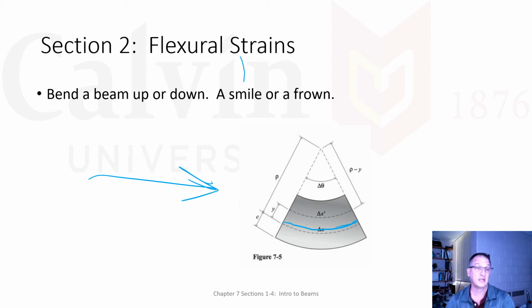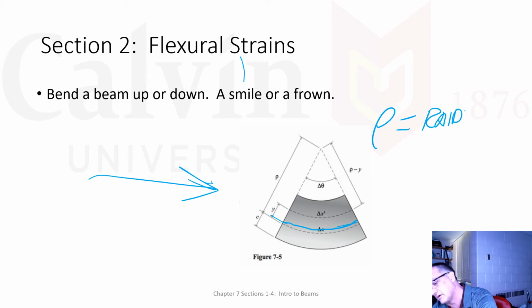I think you're going to see this is kind of similar to what we did with torsion and twist. But we're looking at this following some radius of curvature. Rho is equal to a radius of curvature.